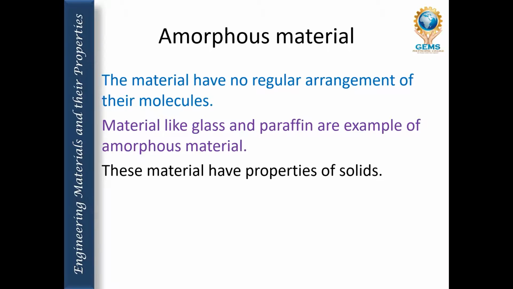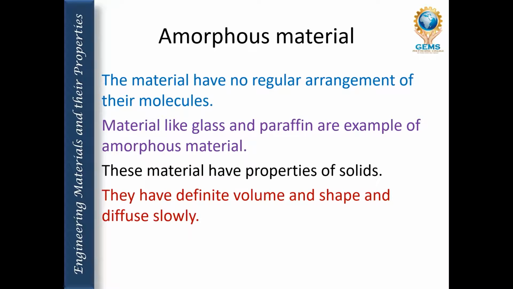These materials have the properties of a solid, with definite volume and shape, but they diffuse slowly. Diffusing slowly means, for example, that if you place a glass and a light ray penetrates, the diffusing time will be very slow. It will take more time. So there are different glass materials.